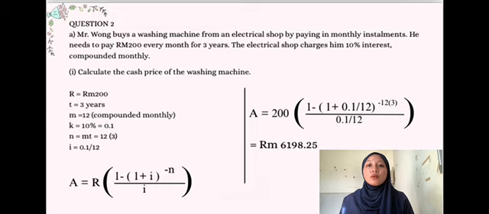A = 200[1 - (1 + 0.1/12)^-n]/(0.1/12), and the answer is RM2,984.23.